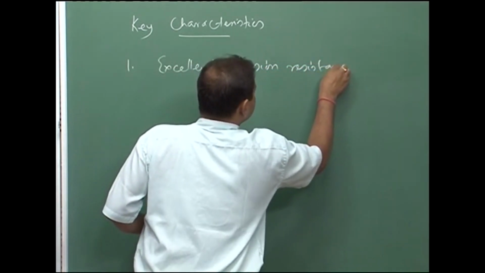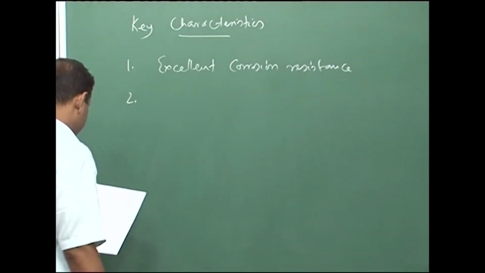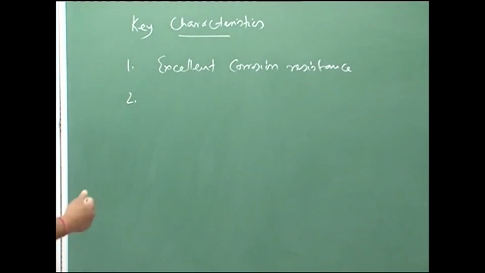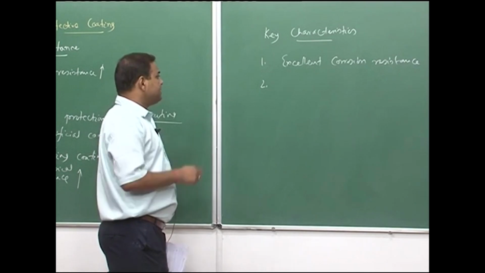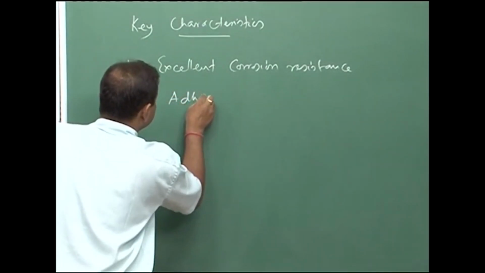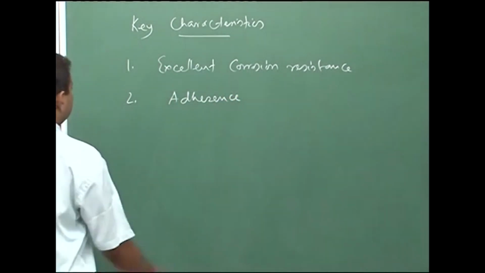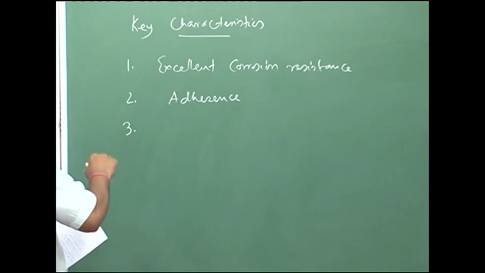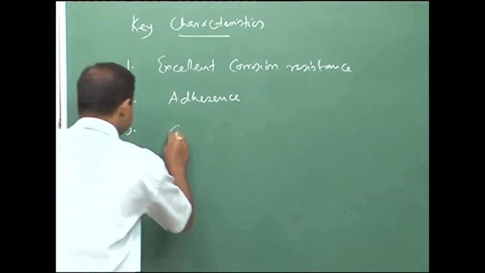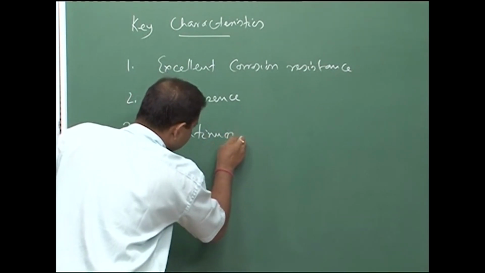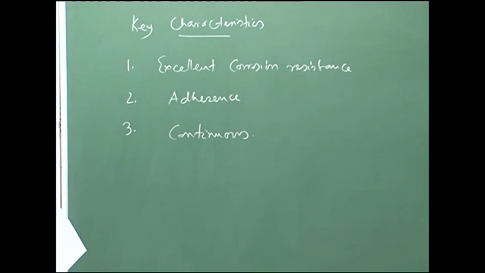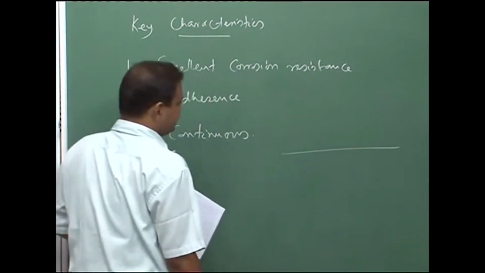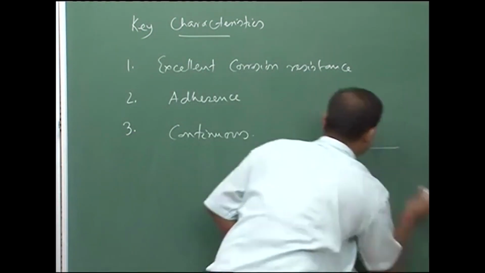Then second, they should adhere to the surface perfectly. So, adherence to the surface. Then on the metal surface, if the coating is done, it should be continuous. In case it is discontinuous, for example, in case of paint, let us say this surface is painted and this is the paint zone.